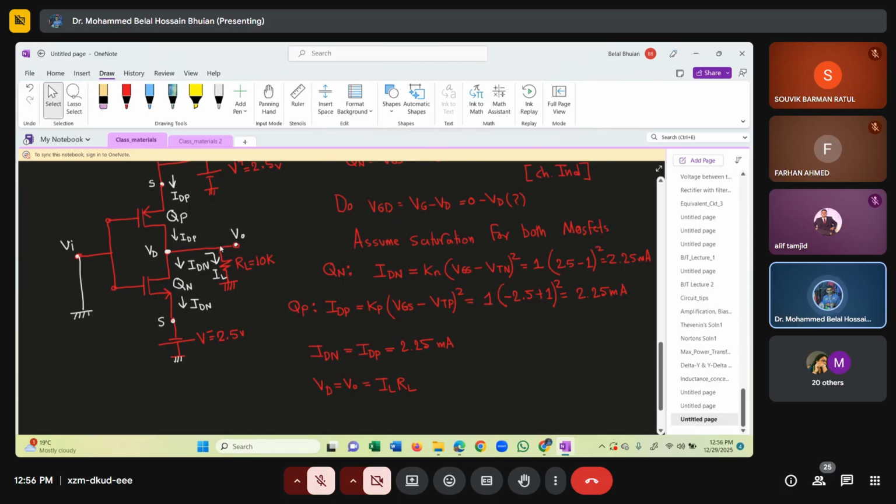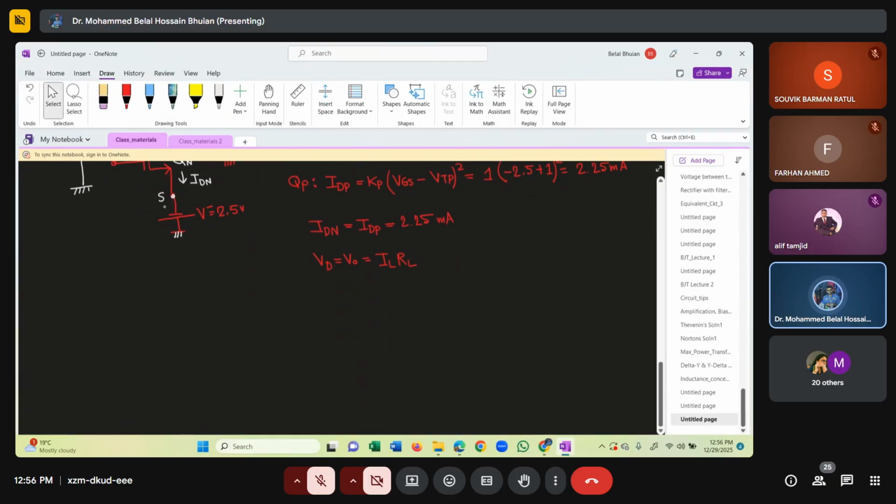Okay. Now the question is, how can we determine IL? So for that, if you notice the current flowing here at node D, we have one incoming current, IDP, and two outgoing currents, IDN and IL.